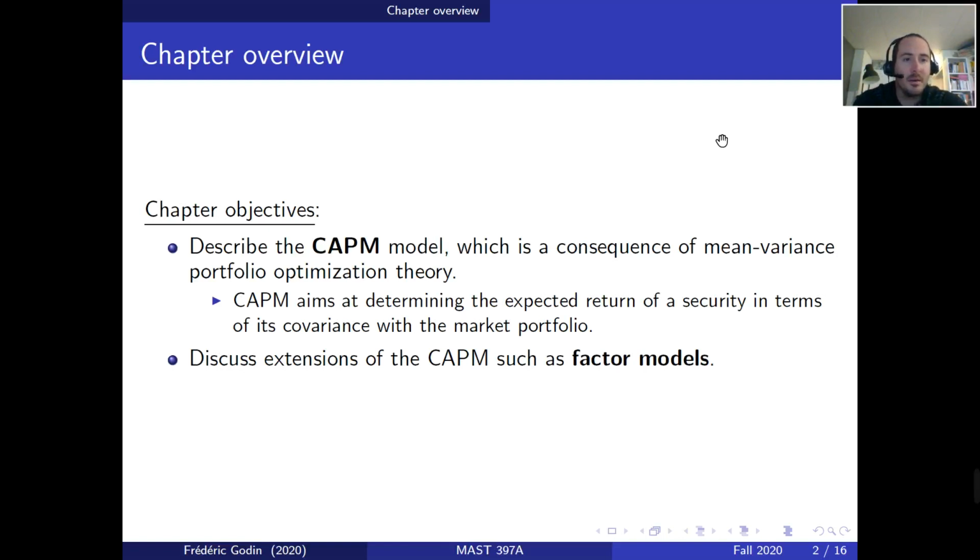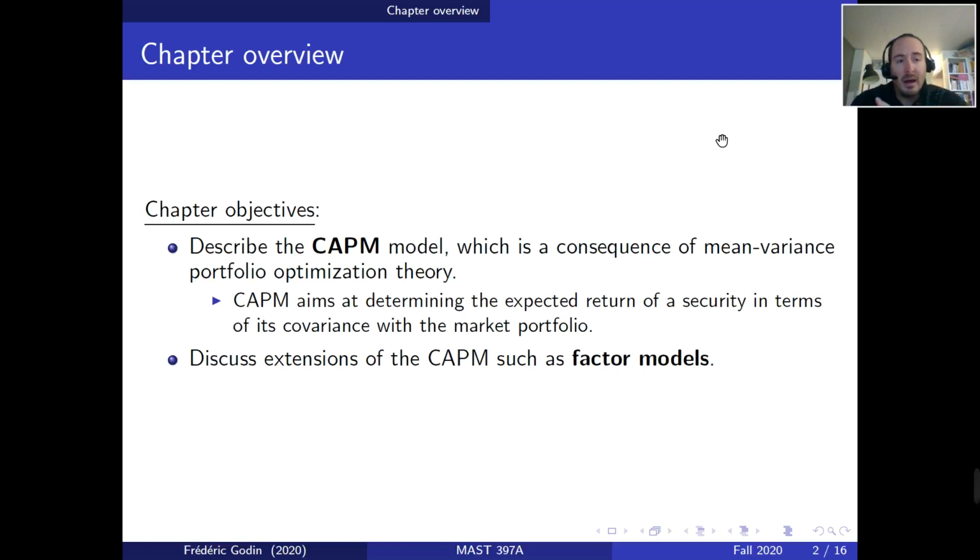So basically, it's a model to determine what should be the expected return of an asset given its characteristics, and the CAPM is derived from the mean variance portfolio optimization theory we've studied in the previous chapter.